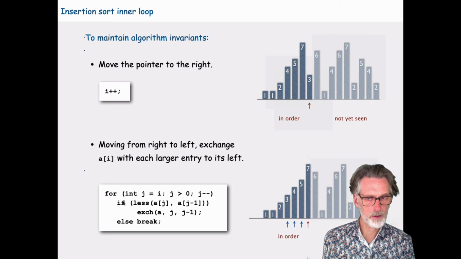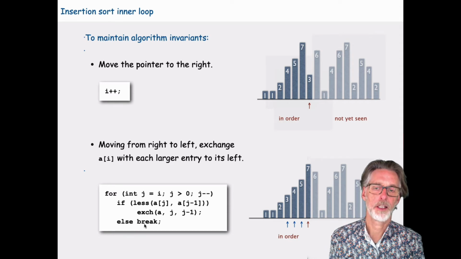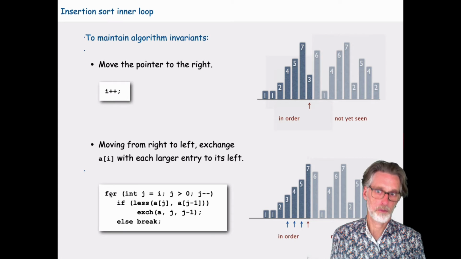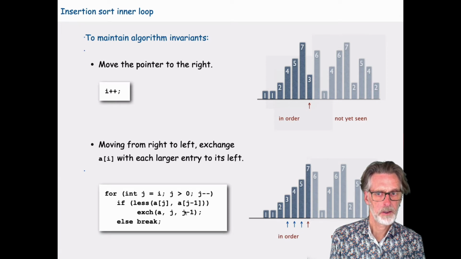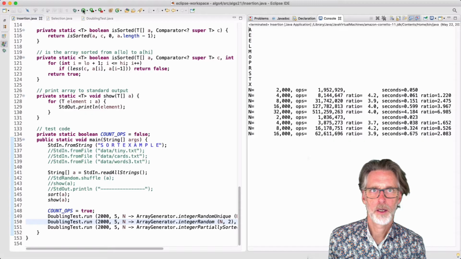And if the conditional goes false, we will break out of the loop. So the break statement in Java, like many languages, leaves the innermost loop that we're executing. And so here, when we get two things that are out of order, we'll swap them. And then we'll decrement j to continue down.